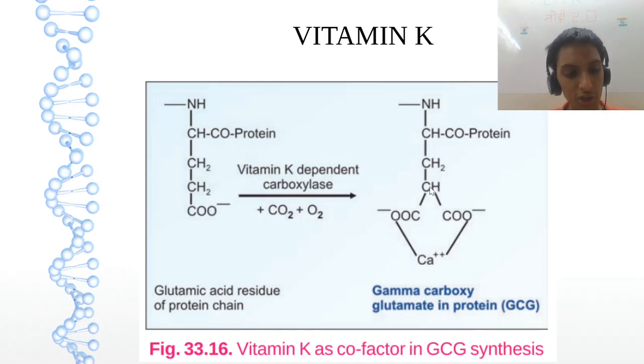How does the injured spot suddenly form the clot? You might be thinking, why is that happening? That is because of this gamma carboxyglutamate. So this is briefly the role in blood clotting.